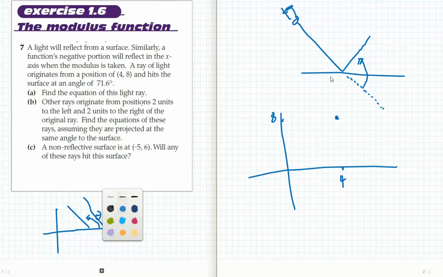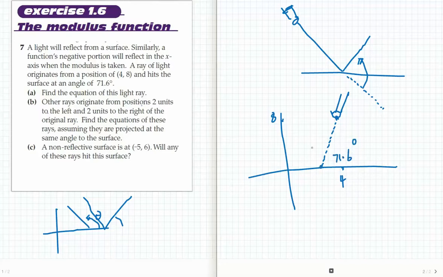So my torch must be here, and my light's going in this direction, hitting, and that's 71.6 degrees. And then the light gets bounced back off in this direction.